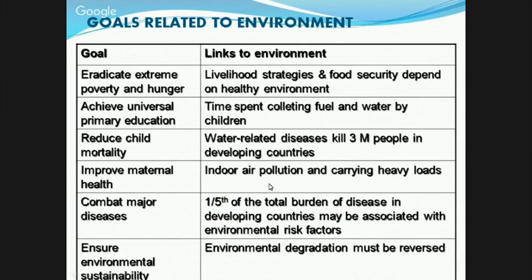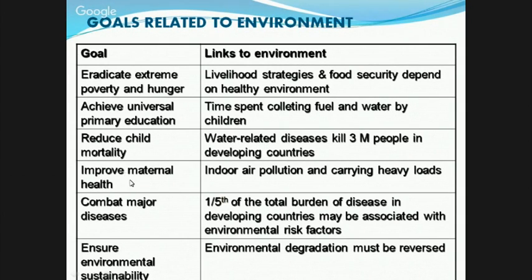Yeah. So if I have to look at the goals, the goals are to eradicate extreme poverty and hunger. So we have to see how our environmental concern should look at how to improve food security. Then achieve universal primary education, so we have to reduce the time children spend collecting fuel and water. Reduce child mortality, and waterborne diseases are to be reduced.